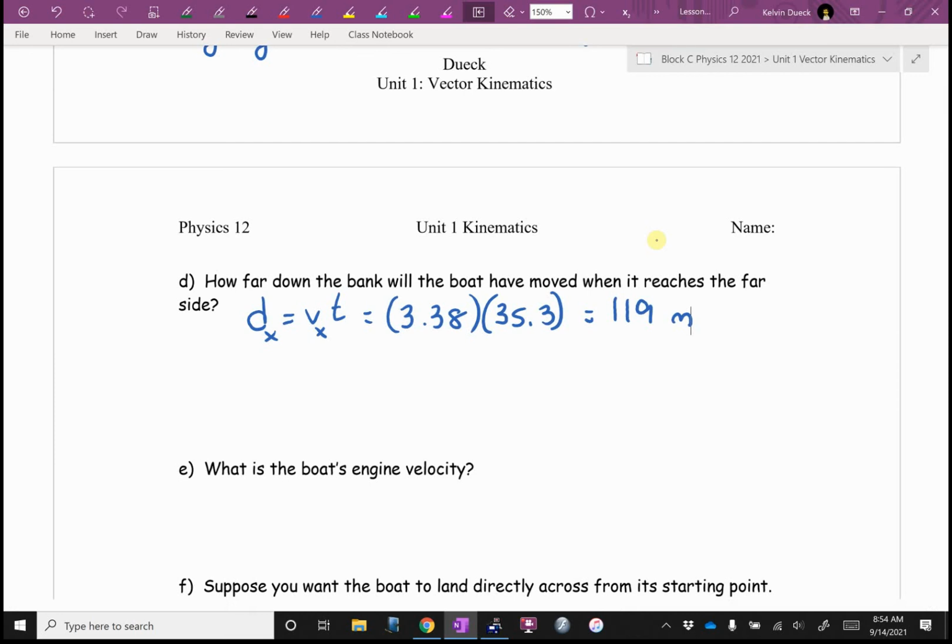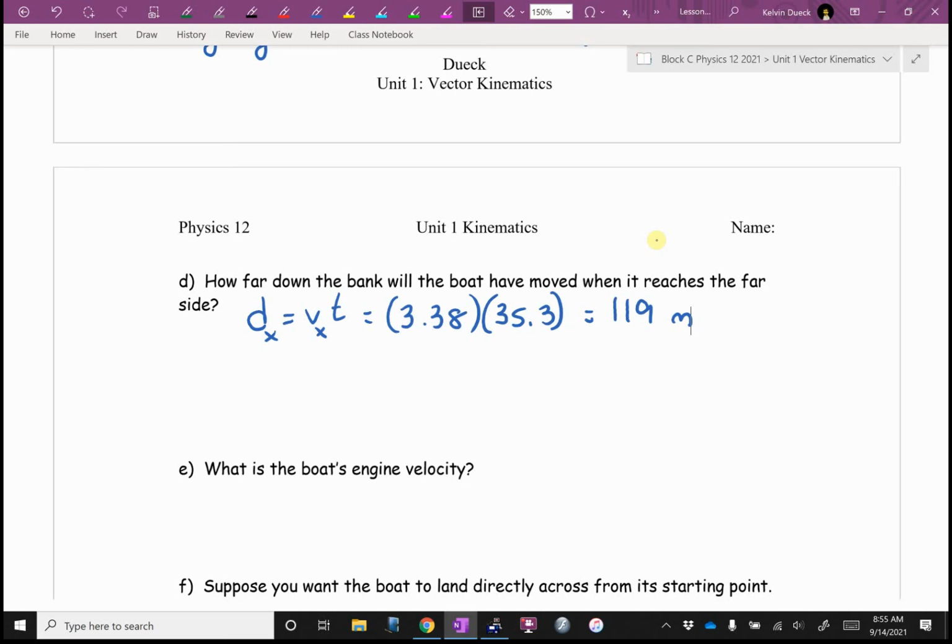Can't be 8 because 8 is the combination of the river. It's a resultant. That's the river. What's the boat's engine velocity? You also notice I didn't give you any room to work it out for a reason because you already know it. Shay, what?